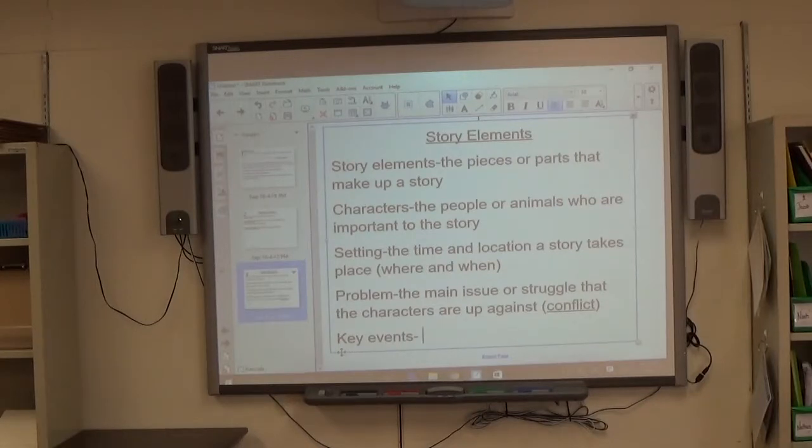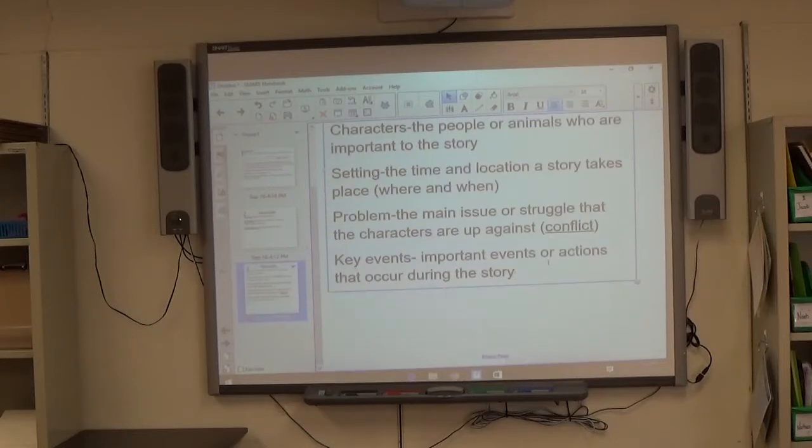So our key events are important events or actions that occur during the story. Which of course eventually leads to a solution, which is the way that the characters solve the problem.